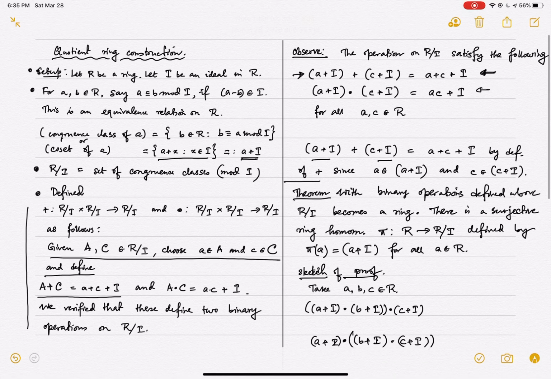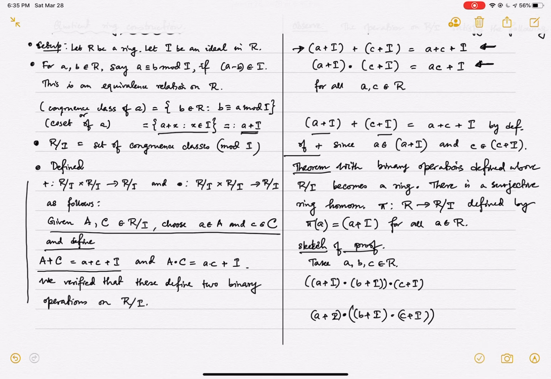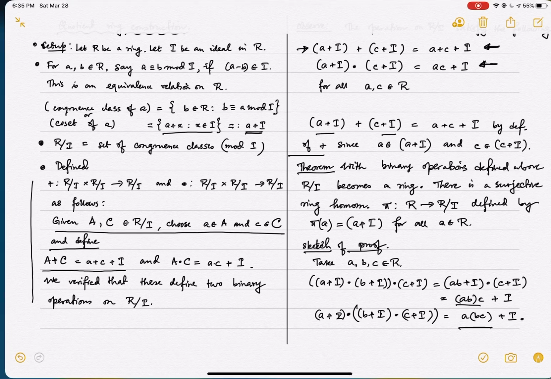But up here, you know how to take the product. The product of a plus I and b plus I is just ab plus I. And this ab is the product in the ring R, times c plus I. So that's the same as ab times c plus I. And similarly, if you do the other one, you're going to get a times bc plus I. But because R is a ring and these are things in R, these two things are equal.